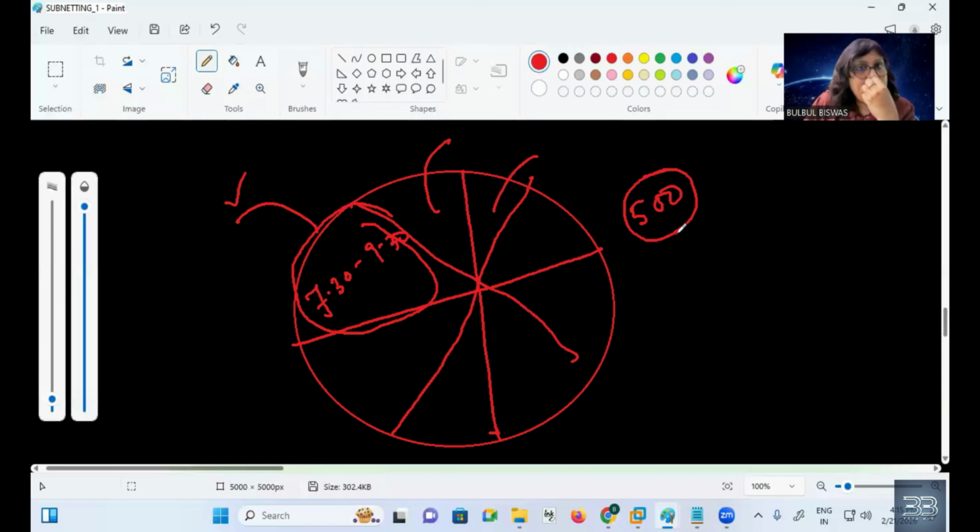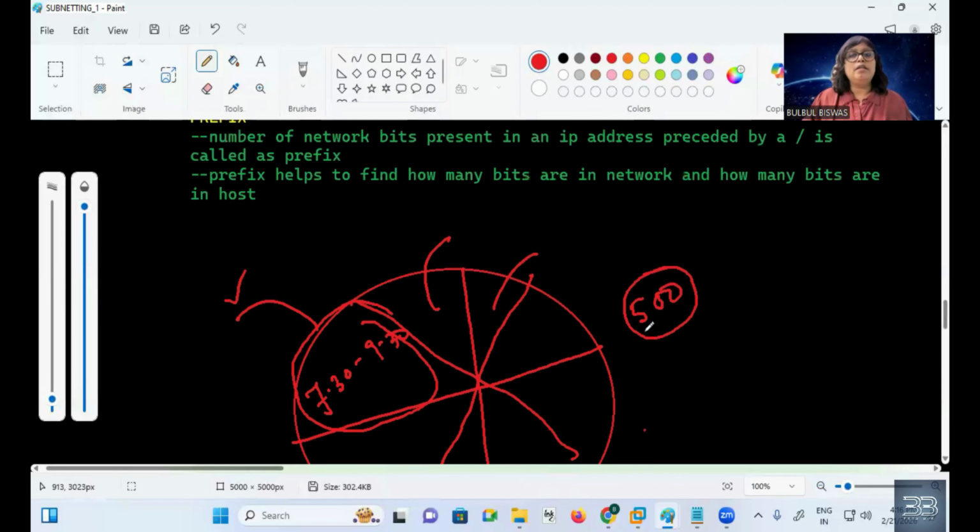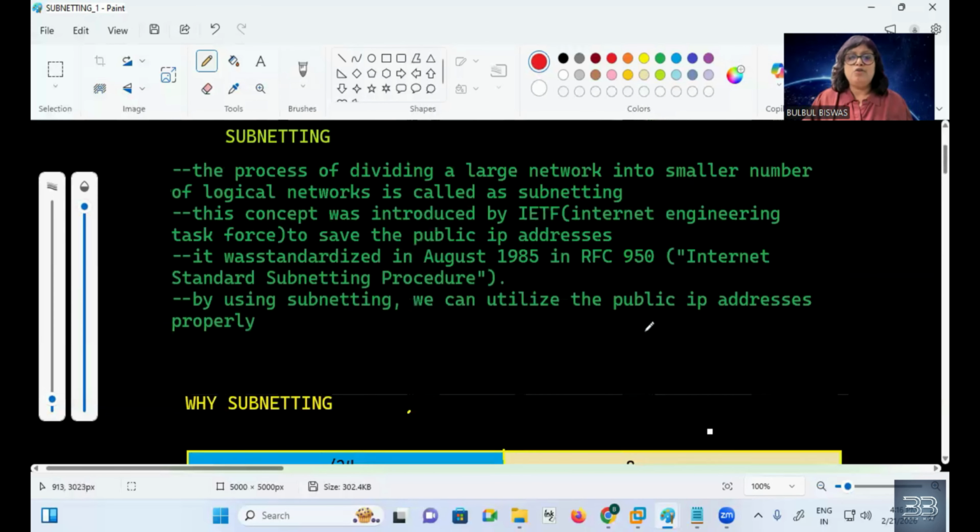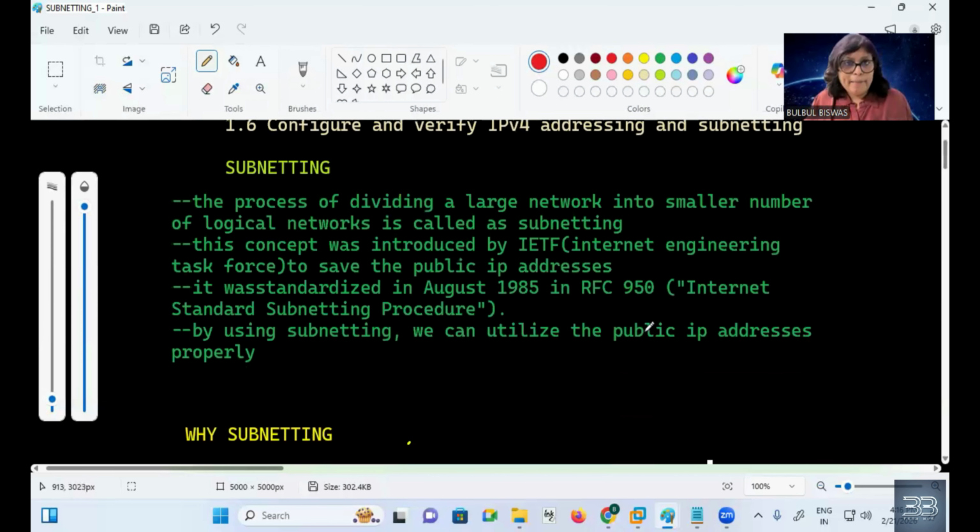So that's why a concept was developed that is called subnetting. So what is subnetting doing? Subnetting means dividing a large network into a smaller number of networks. Now the question is, when you are dividing, are you using a hammer? No, we are not using a hammer. We are just logically dividing a large network into smaller networks, and this process is called subnetting.